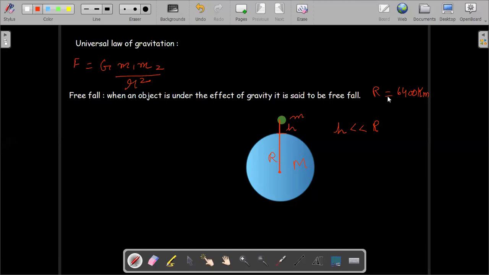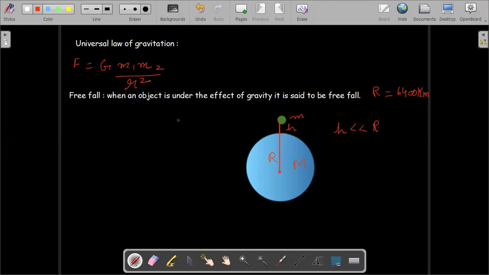The value of gravity does not change to a larger extent. So for all practical purposes, we will take the distance from the center of the earth to the object to be equal to the radius of the earth only.